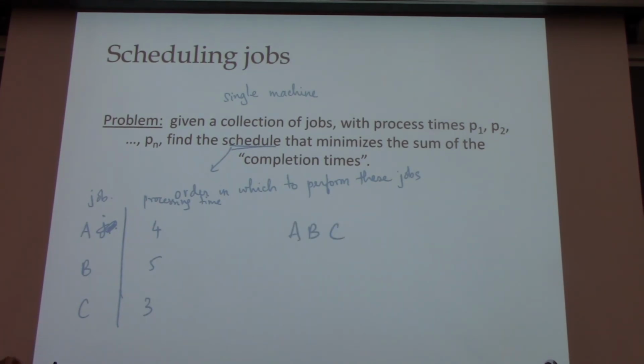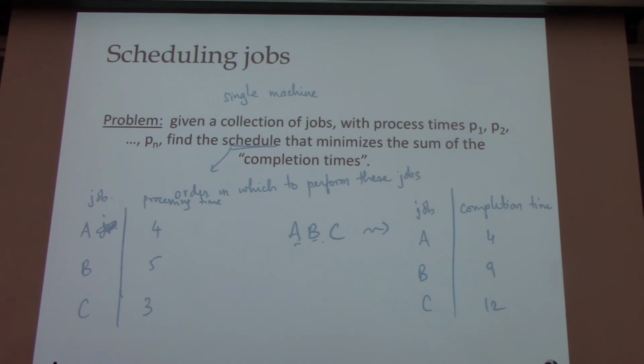So in this case, what is the completion time for A? Let's say you start at t equals 0. Looking at job and completion time, for job A it is 4. What's it for B? 9, because you do B after A, and C is 12.